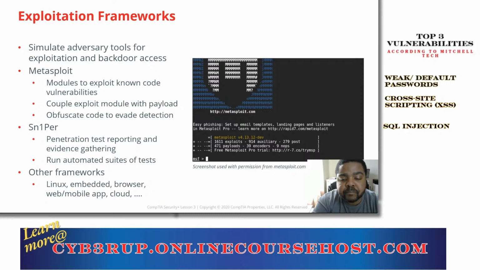Metasploit is a known vulnerability software that can find vulnerabilities as well as attack them. It can interject malicious payloads, and it is what a lot of attackers will use to break in and perform some of these attacks.